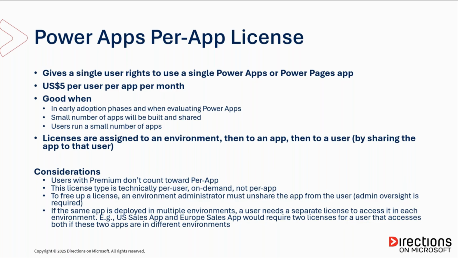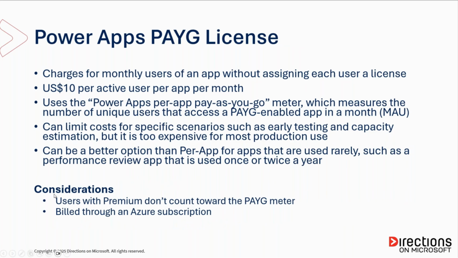Okay, next slide. The last Power Apps license type is pay-as-you-go, PAYG. So this PAYG licensing incurs costs based on the number of monthly users of an app without assigning licenses to users. PAYG licensing is $10 per active user per app per month.